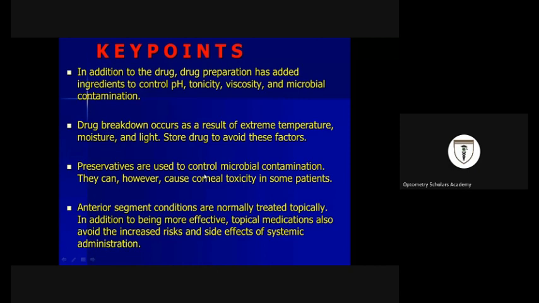While retina problems are treated systemically or intravitreally or retrobulbally. So you will need the drug to reach the back of the eye. So you need to take it through injection or through tablets. That's why we prescribe antioxidants to treat macular degeneration and other retinal diseases. So antioxidants are usually tablets.